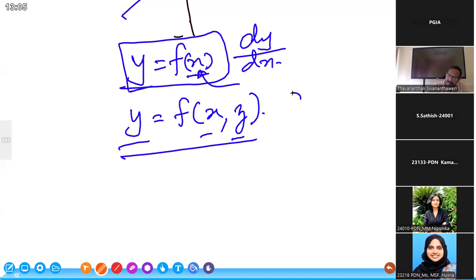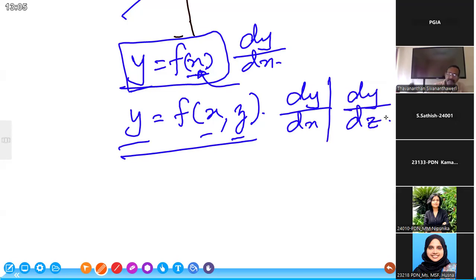Here, there is dy by dx. That is one option. The other option is dy by dz, because two variables are there. If you have three variables, anyhow, for our session, we will start with altogether two independent variables.